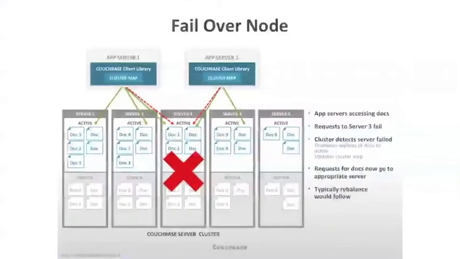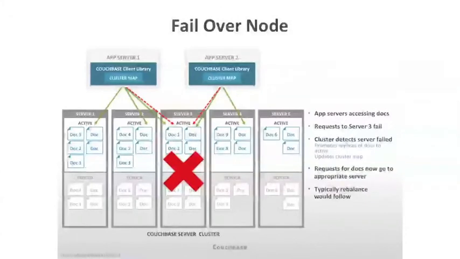So if we take a look at the application servers accessing server 3, for example, in reality they're accessing all of them at the same time. When server 3 goes down, there are going to be some operations that fail. There are some operations that were already sent out on the wire that need to time out. There's some degree of time between when the failure occurs and when the failure is detected. This goes to Couchbase being a CP system versus an AP system.